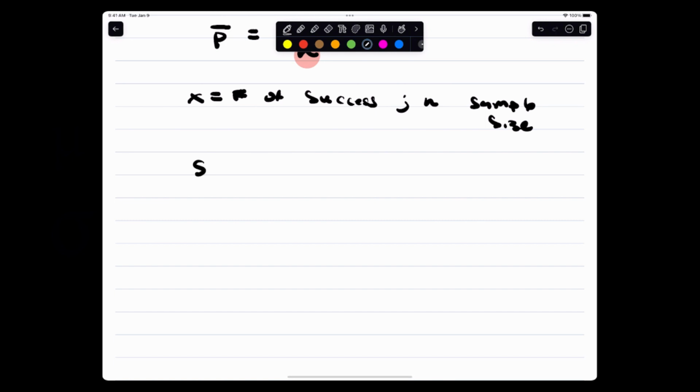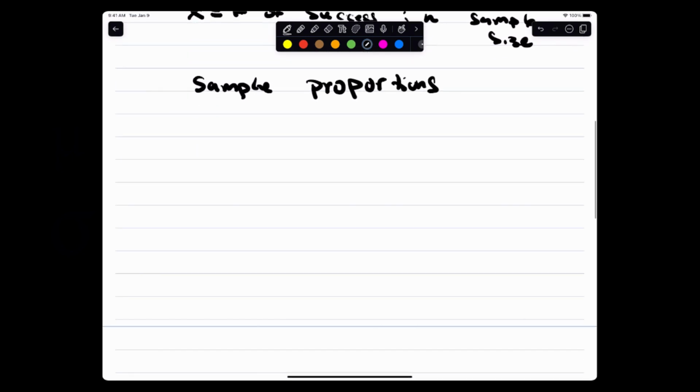Sure. I'm going to compute, based on a sample, the proportion of women in class.